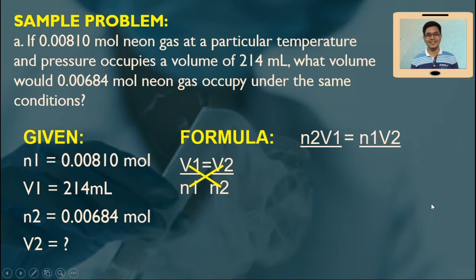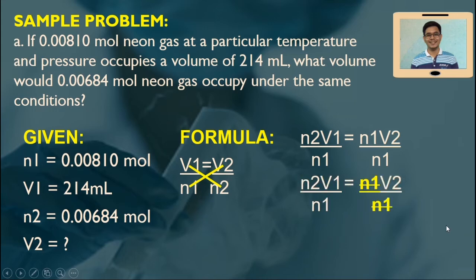That's why you're going to divide both sides to N1. Alright, so after nating ma-divide both sides by N1, cancel si N1, and then we're going to have our formula V2 is equal to N2 V1 over N1. And take note of this given and formula because we're going to use this in our solution.